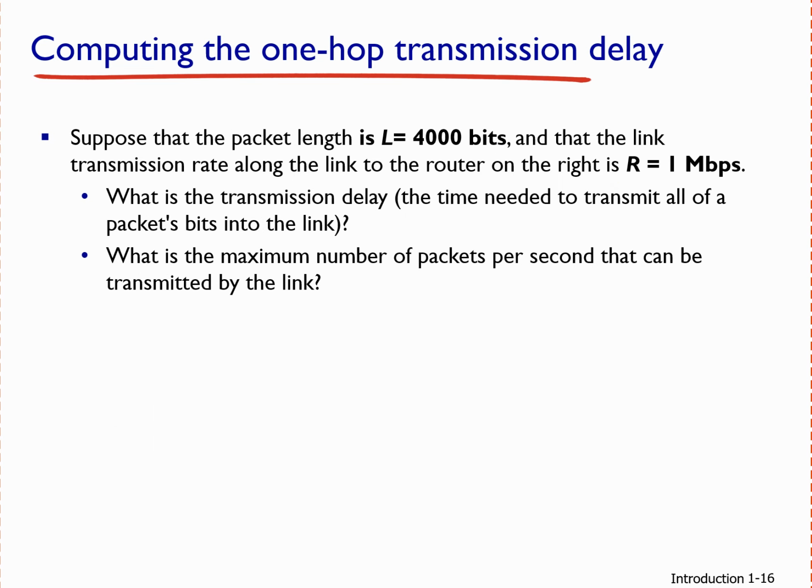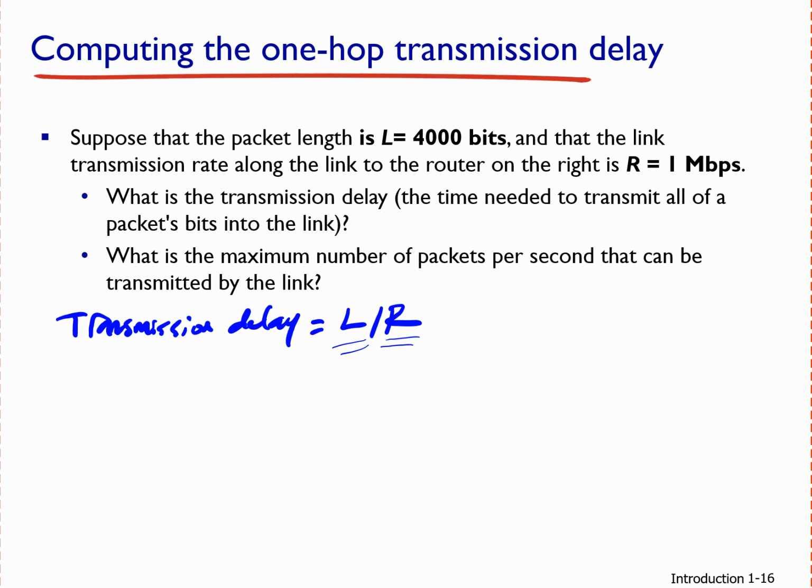To figure this out, the transmission delay is simply equal to L divided by R, which is the number of bits divided by bits per second, and that will give me the transmission delay in seconds, and we can convert it to milliseconds. So let's look at R.